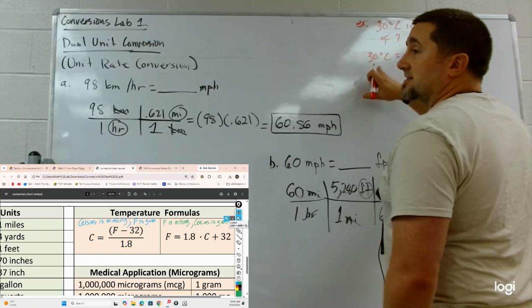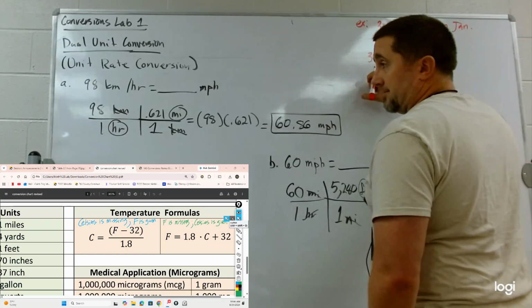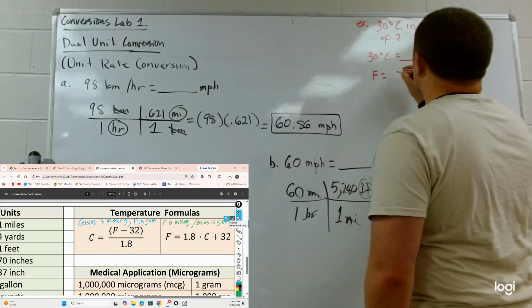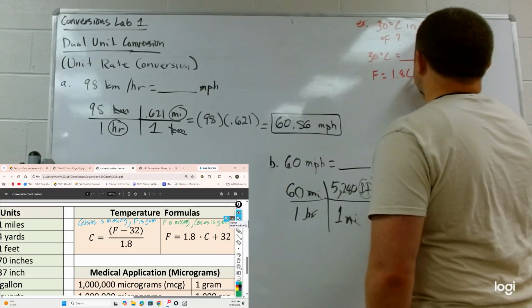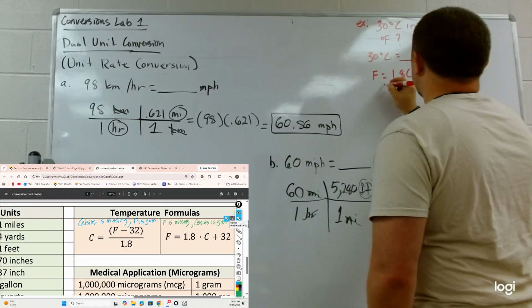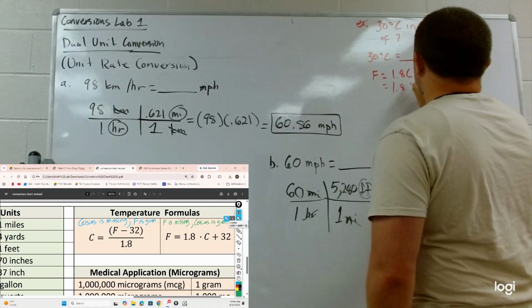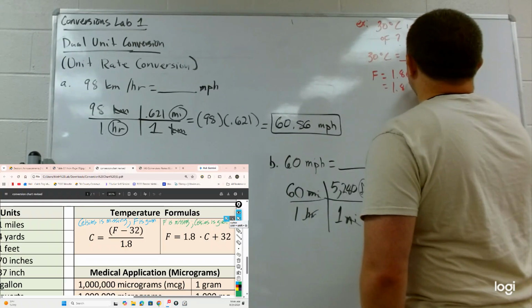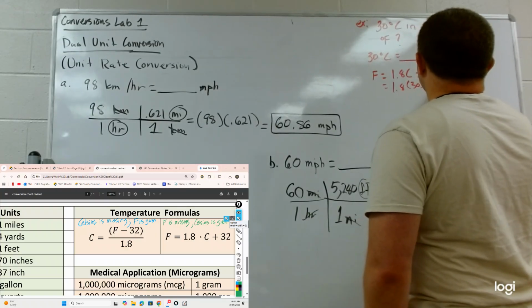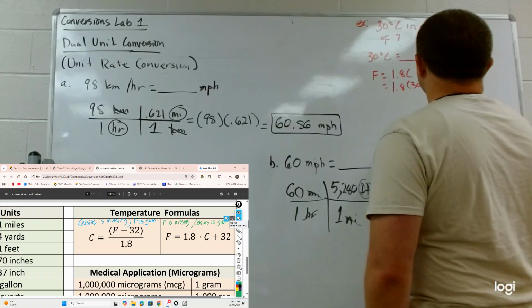So Celsius is given. So that means I'm going to use F equals 1.8 C plus 32. All right. So 30 goes in place of C. Sorry, I lost my train of thought. So 1.8 times 30 plus 32.